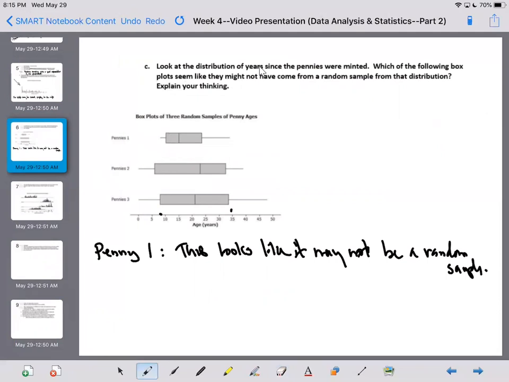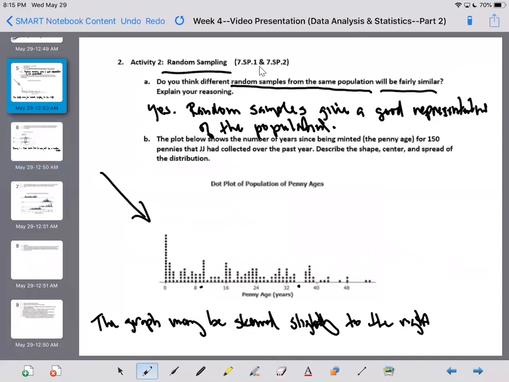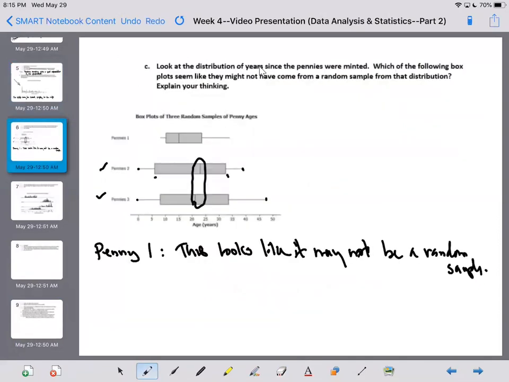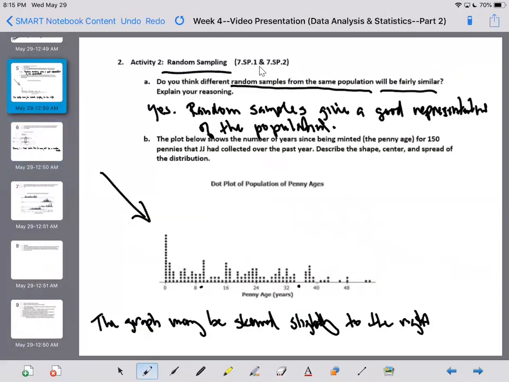But if you look at box plot 2 and box plot 3, notice that it goes all the way to 0. This one goes to 49. This one goes to 40. The medians are fairly close together. And we see we run from about 5 to 35 with our first quartile and third quartile. So 5 to 35. So now we're looking at somewhere in here to here as our quartiles.